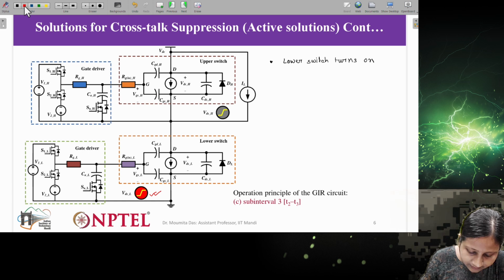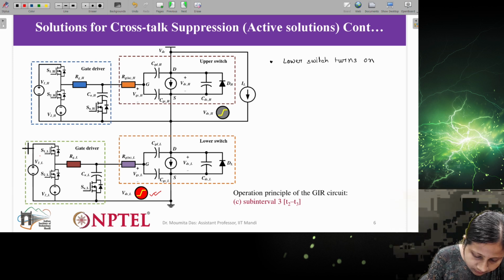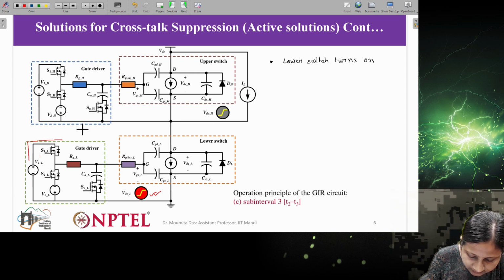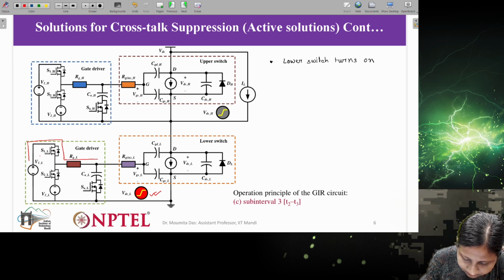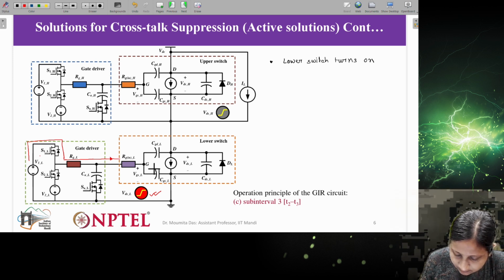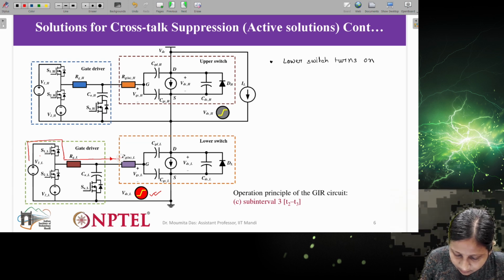As I told you earlier, the current from, let's say, V1L will flow through this S1L, through the gate resistance and the internal resistance of the switch.